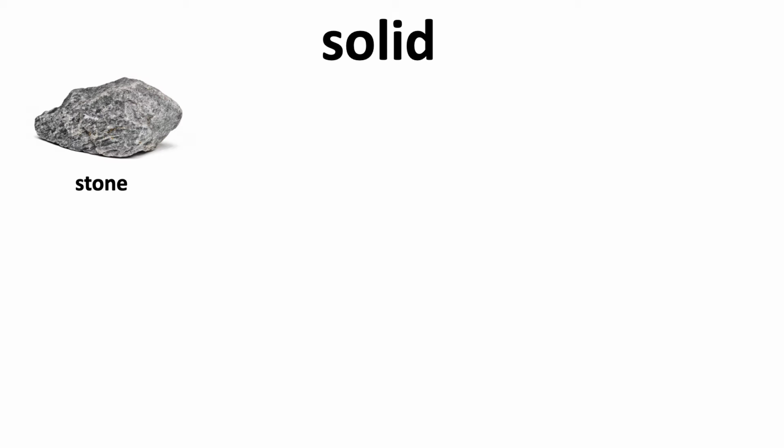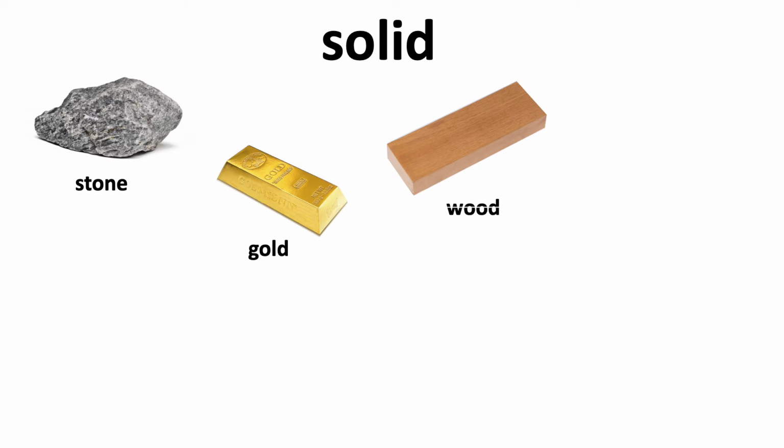These are the following examples of solid matter. Okay, first, stone. And then we have gold, that you can see is very strong and cannot change easily. And then we have also wood.